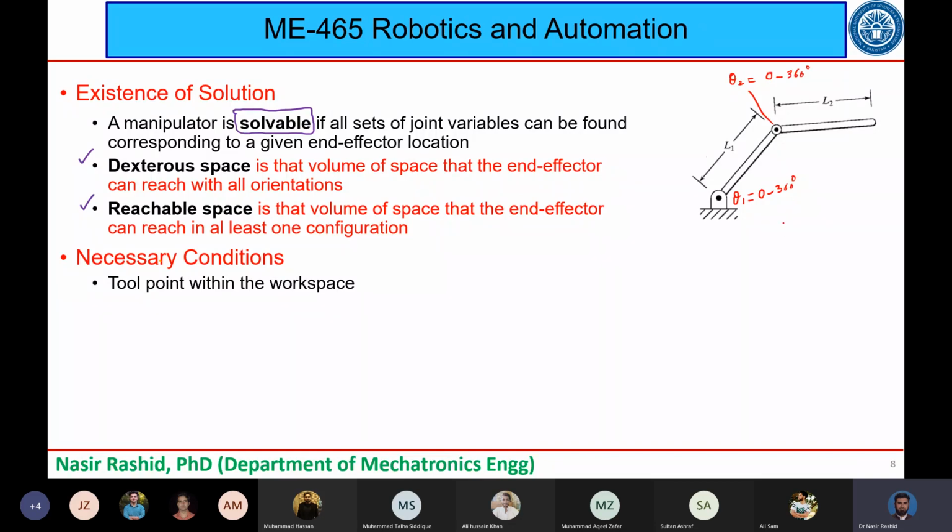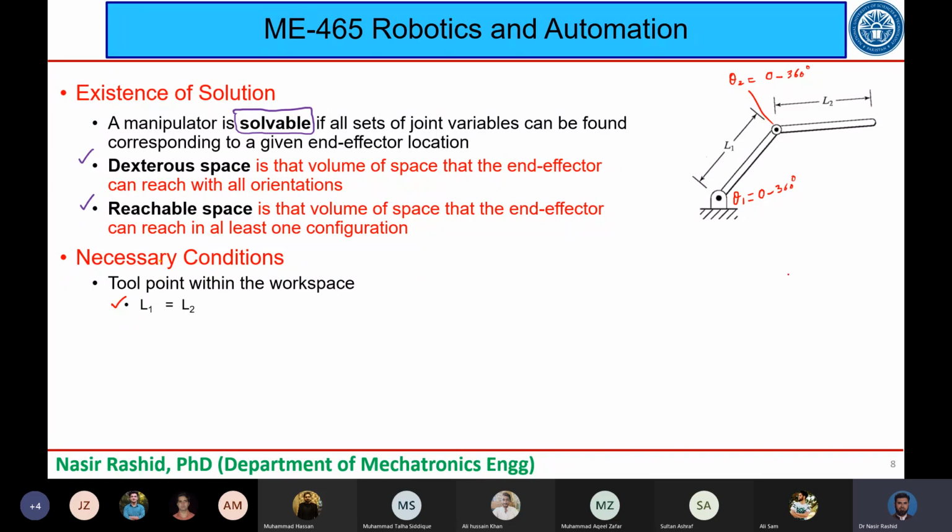So what can I now draw? Let's see. Let me put one condition here also. Let's see, L1 is equal to L2. So this is the condition. So I am now going to draw the workspace for this manipulator while L1 is equal to L2.